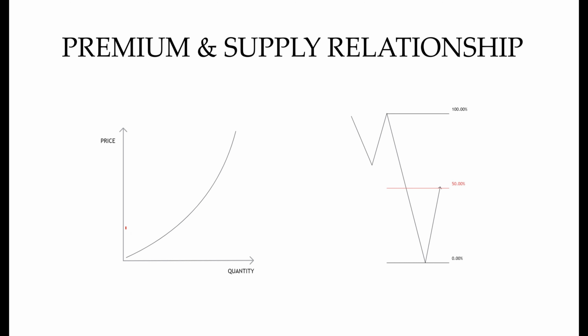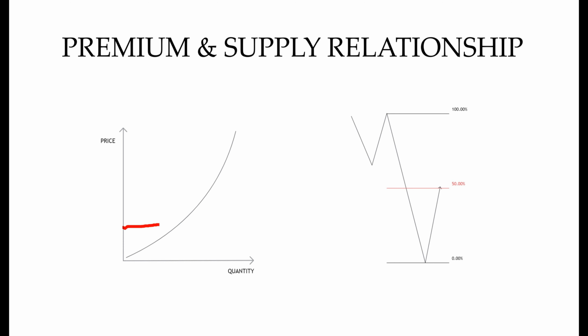Okay, so according to the law of supply, the higher the price of a commodity, the higher the supply is going to be. Because as we looked at not too long ago, sellers want to sell at the highest possible price. This is just human behavior as far as economics go.